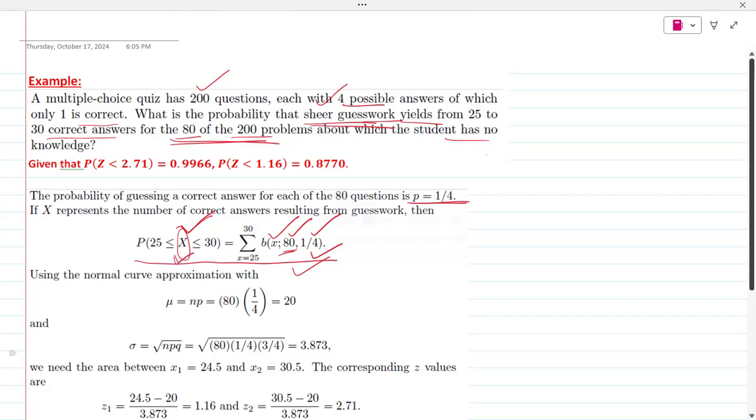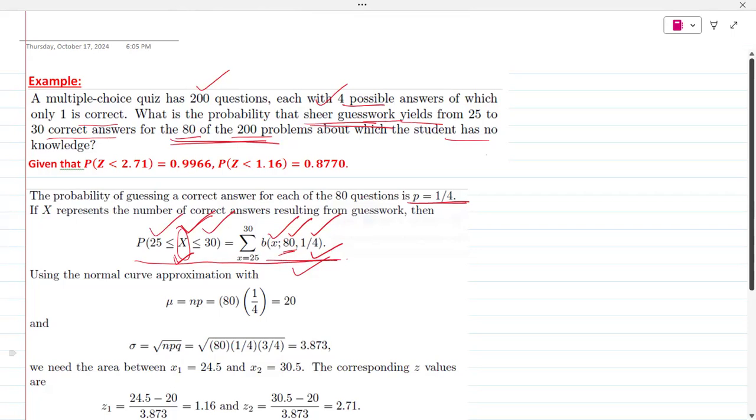So we need the student to answer between 25 and 30 questions correctly. This is the exact value of the probability, by the binomial distribution.